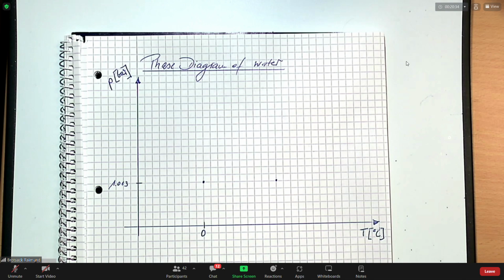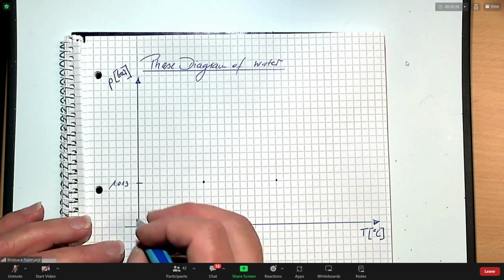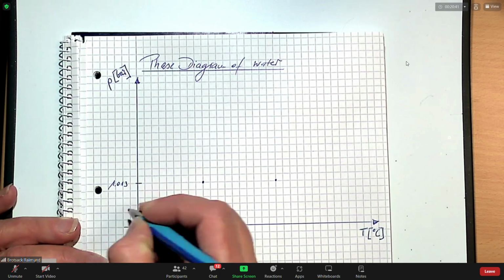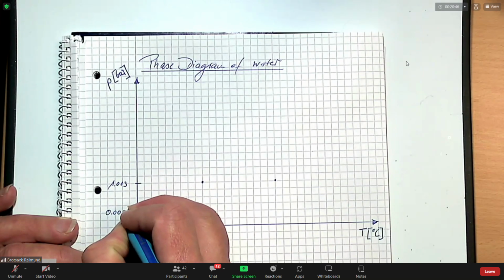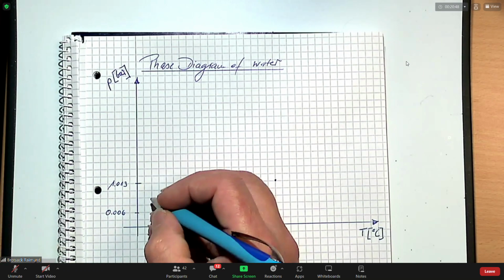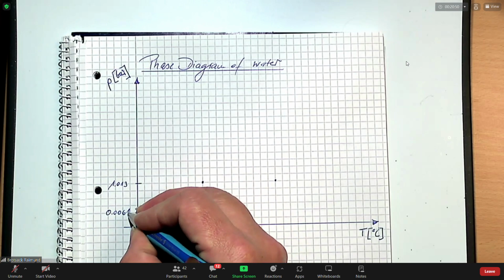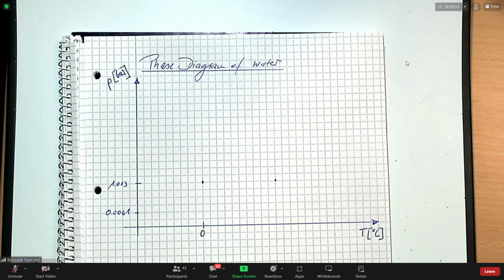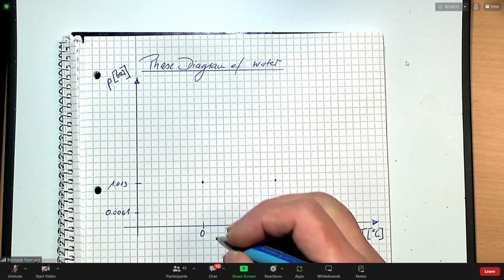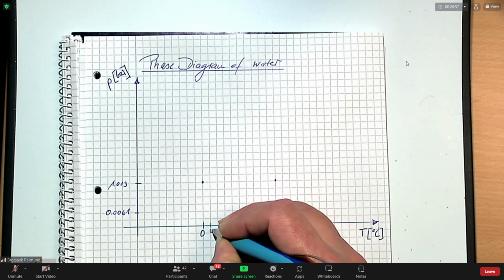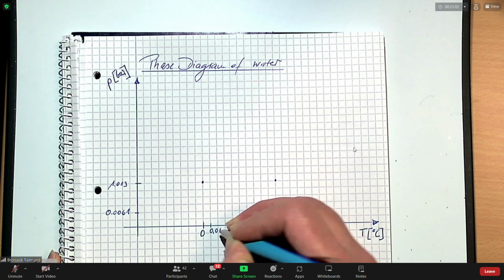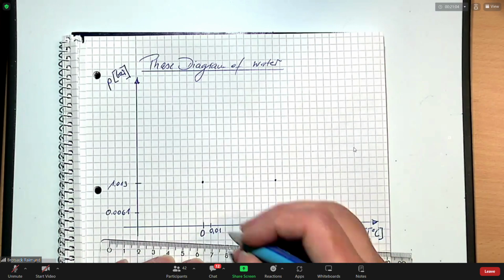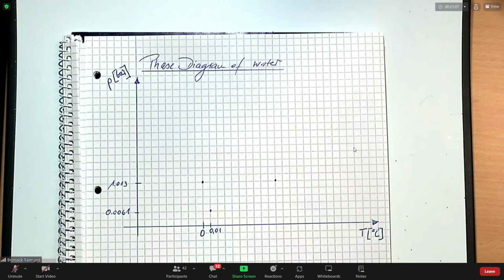And this is at a pressure of 0.006, I think. So here, 0.0061 bar, so very low pressure, and at a temperature level of 0.01 degrees Celsius. Here, this is the triple point of water.